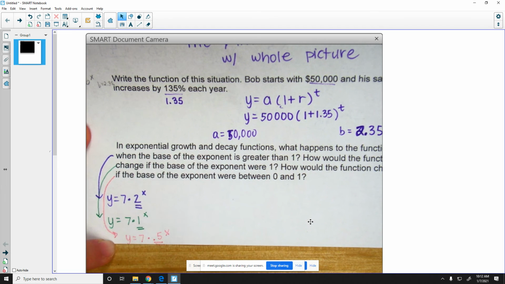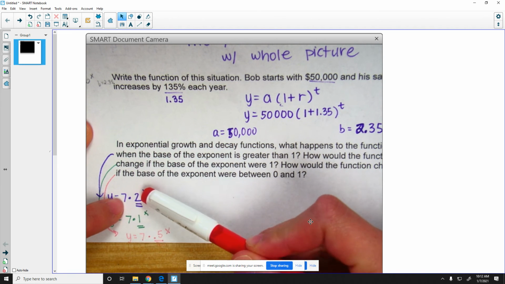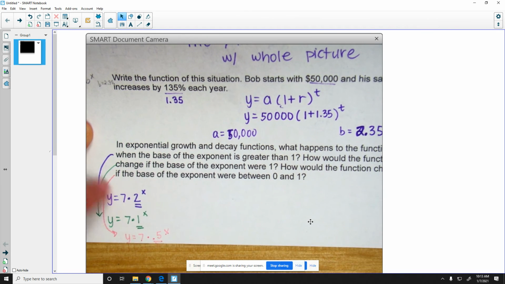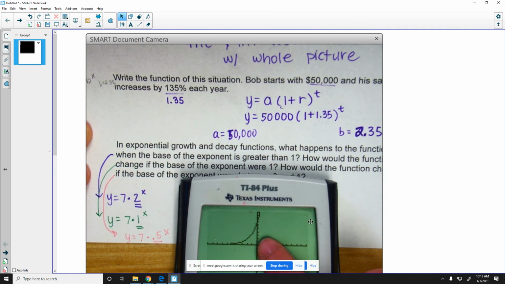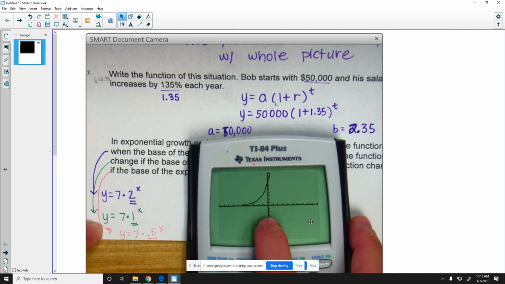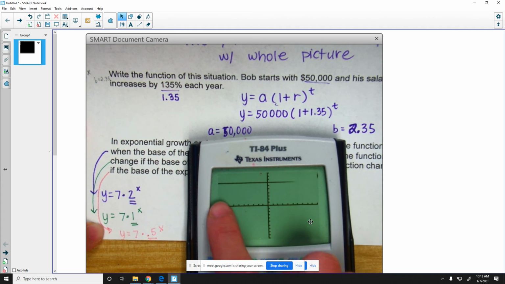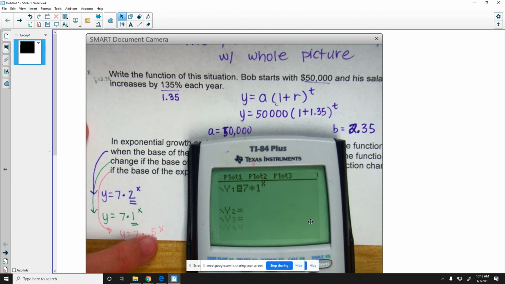Okay, so do you see what they're asking us to compare? They're asking us to use different numbers for the base of the exponent. If it's bigger than 1, if it is 1, if it's less than 1 but between 0 and 1. Okay, so let's see. If it's bigger than 1, it looks like this. If it is 1, I just changed it to 1, it would look like that. And then if it's between 0 and 1, so we said 0.5, it would look like that.